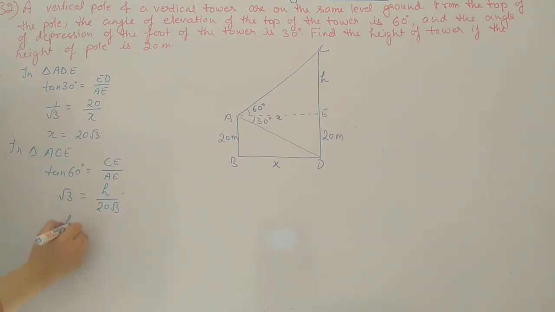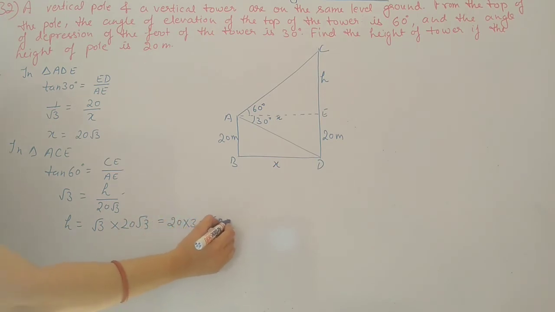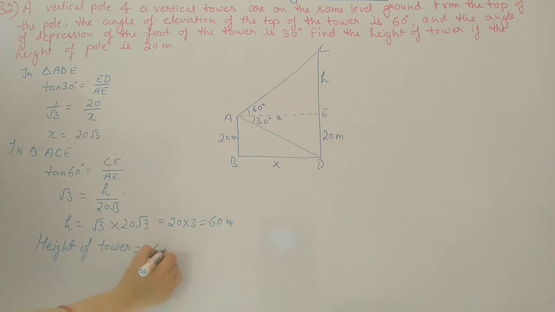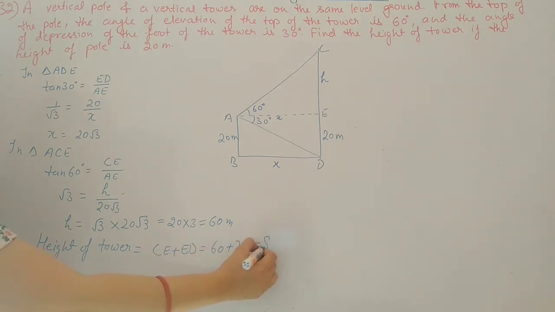So h is equal to √3 into 20√3. √3 into √3 will become 3. So 20 into 3, 60 meter. This CE is 60 meter. So height of the tower will be CE plus ED, 60 plus 20, 80 meter.